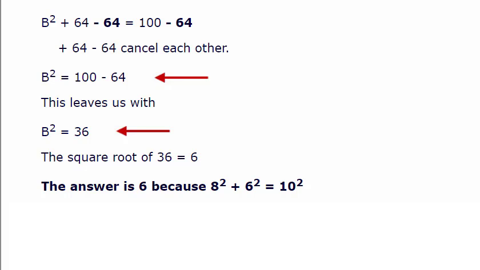When we subtract 64 from 100, it equals 36. So now we know that b squared equals 36. The square root of 36 is 6, because 6 times 6 equals 36. So the answer is 6, because 8 squared plus 6 squared equals 10 squared. We found out the value of b squared, and that is 6 squared.